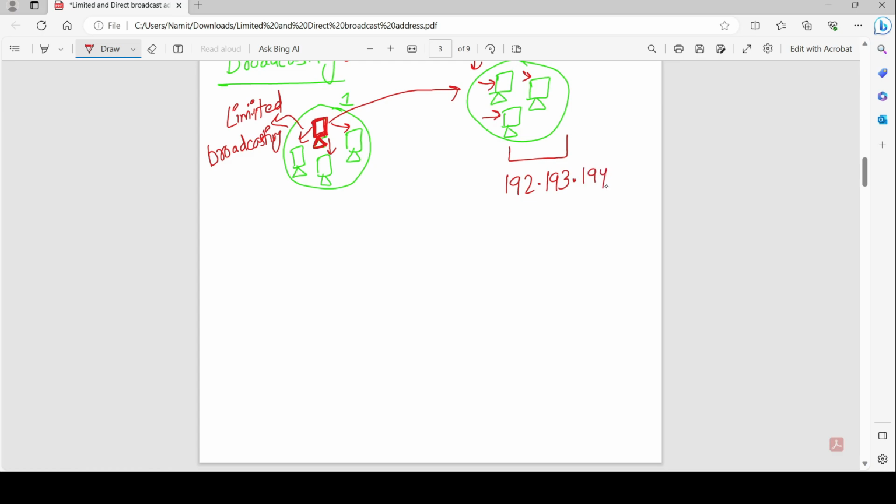Now let's say the network ID for this network, network 2, is something like 192.193.194. Since it is class C, the last byte would be 0 as per the network address. So this is the network address of this network.